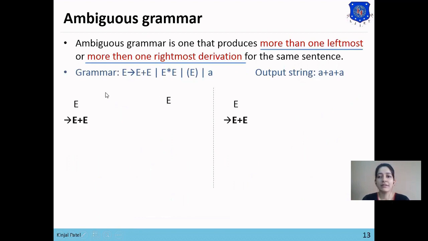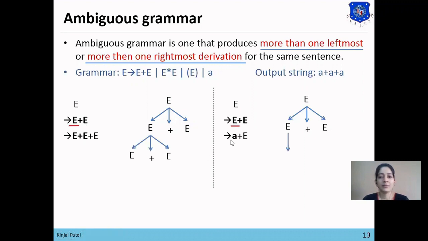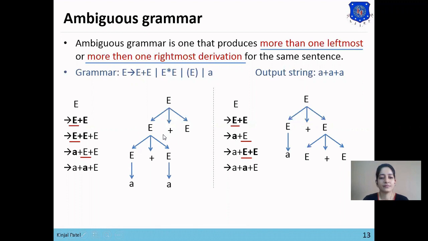We start to derive a plus a plus a from the given grammar, and you can see that the leftmost non-terminal has been replaced with E plus E in both examples. Next, in the first example we replace E with E plus E and in the second example with A, and then in the first example we replace E with A and in the second example we replace E with E plus E. Now in the first example, we replace the second E with A, and in the second example also we replace E with A. Now we'll replace E with A.